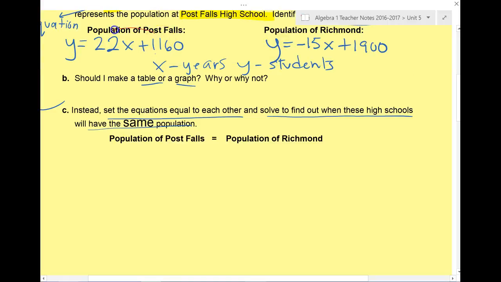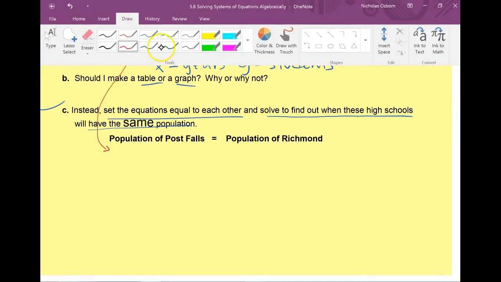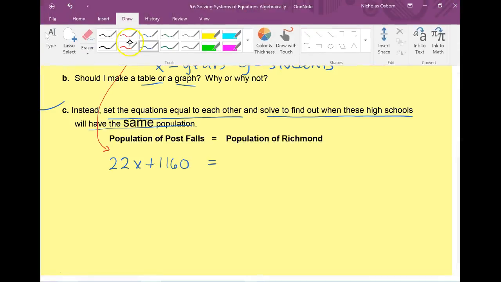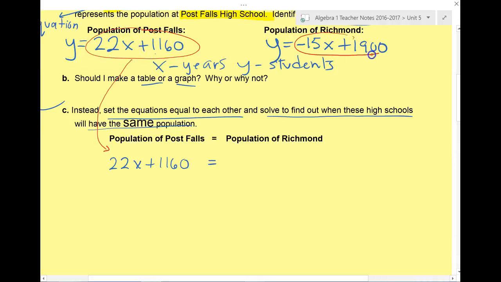You take the first equation and write it here, but without the y. So 22x plus 1,160, and then we set it equal to the other equation without the y, and we'll bring that here.